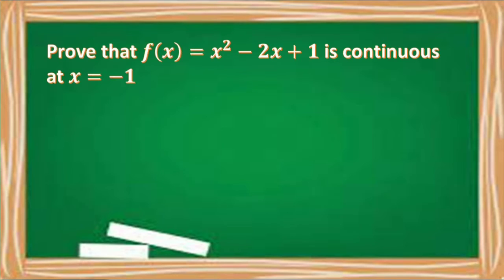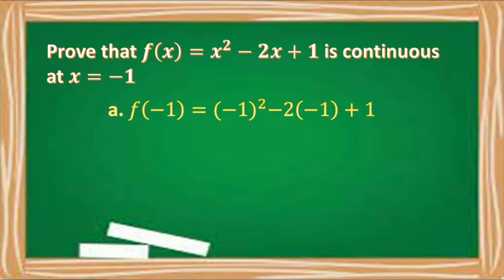Let's have an example. Prove that f of x equals x squared minus 2x plus 1 is continuous at x equals -1. Let us test the first condition, that f of c exists or is defined, by evaluating the given function using the value of x, which is -1. So just simply substitute -1 in x.